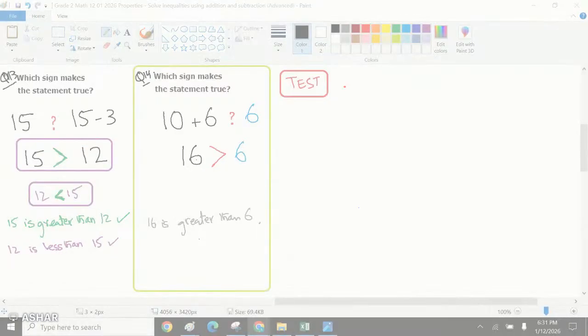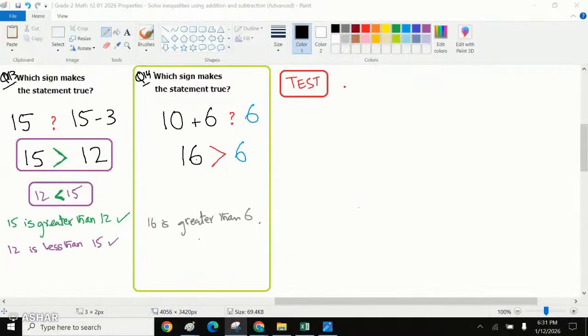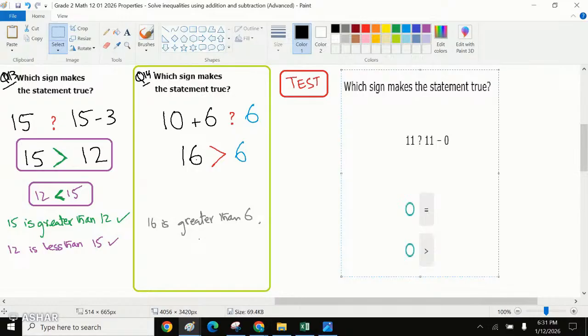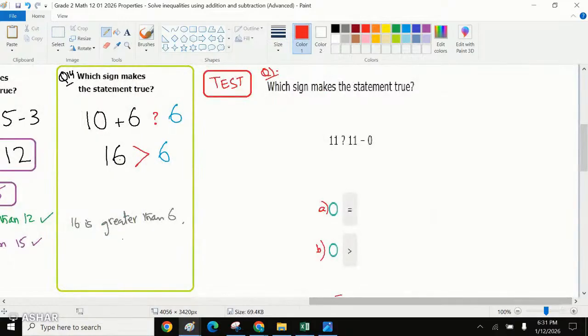Okay, which sign makes the statement true? Let me just copy this and paste this. This is the first question. Option A and option B. Which option do you think is the correct answer? The first or the second?